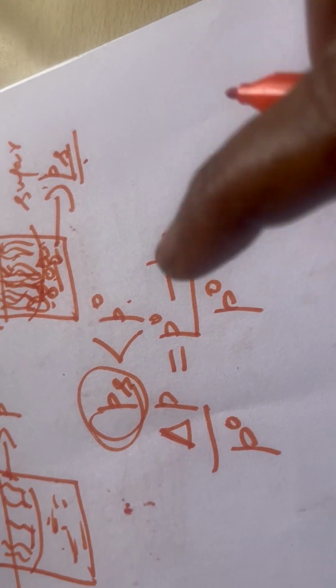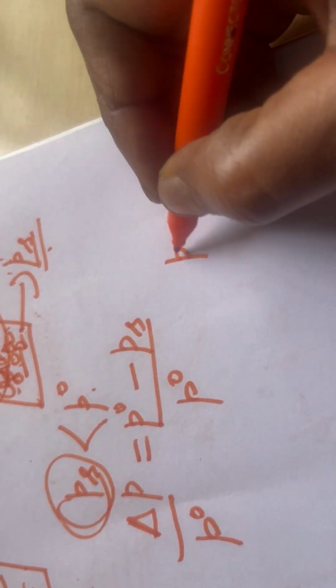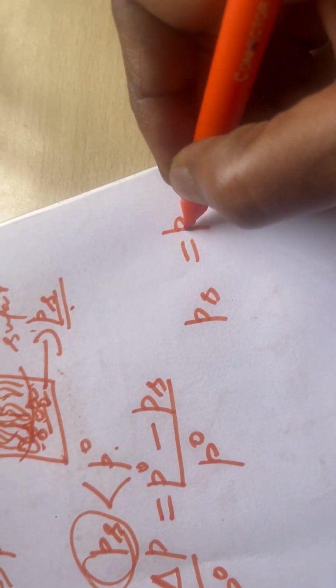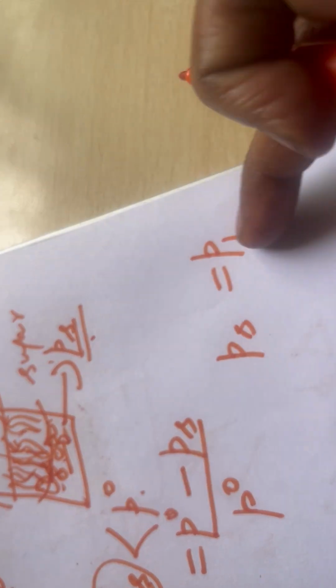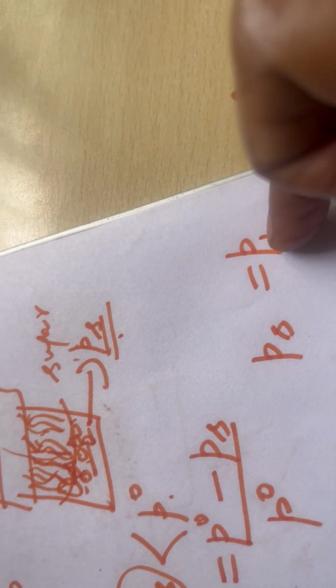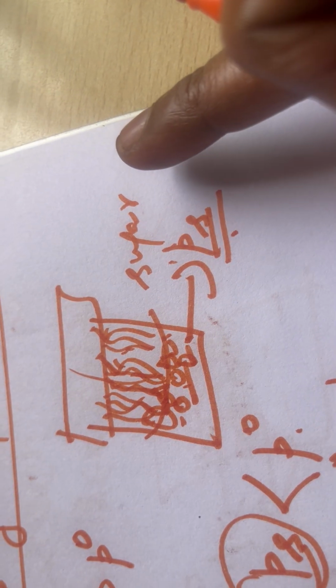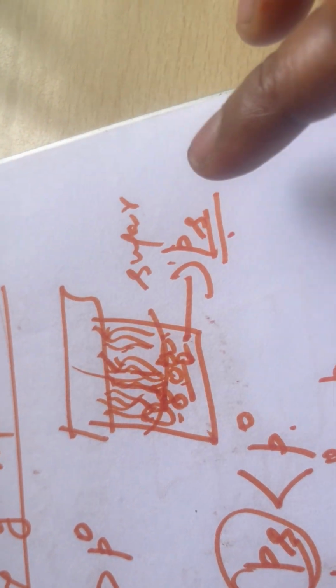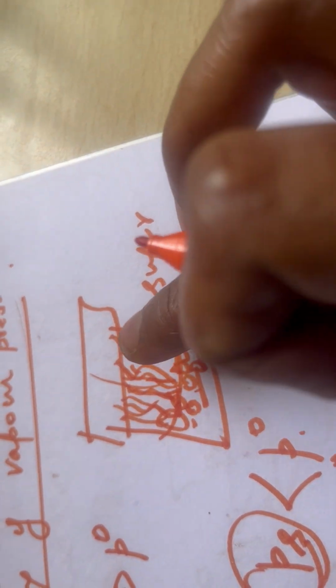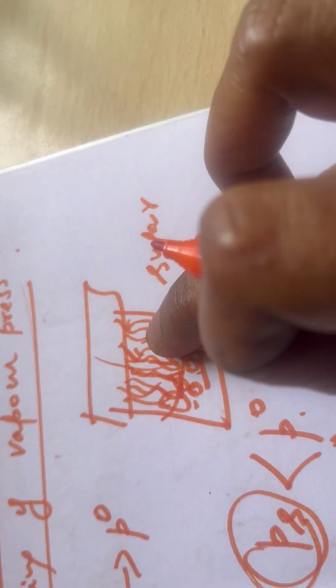Now, this vapor pressure of solution is nothing but the vapor pressure of water or solvent in solution. Because in solution, the solute molecule cannot undergo vaporization. Solvent alone can undergo vaporization. Vapor pressure is a technical term applicable only for the vapor.